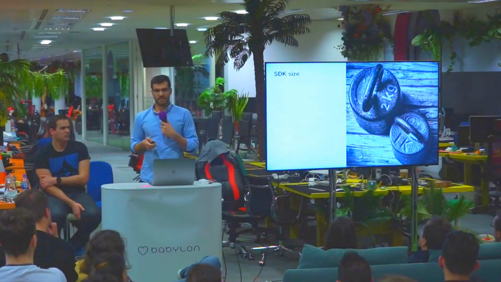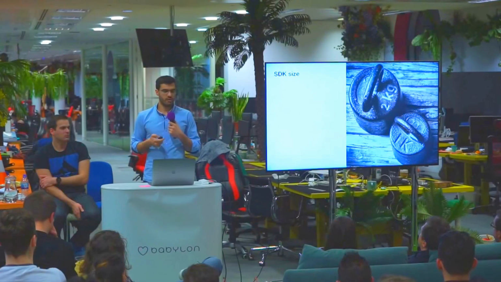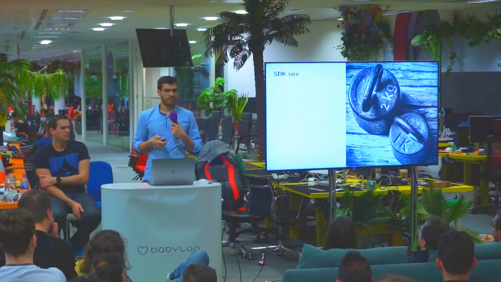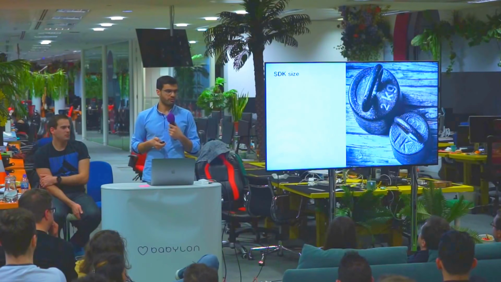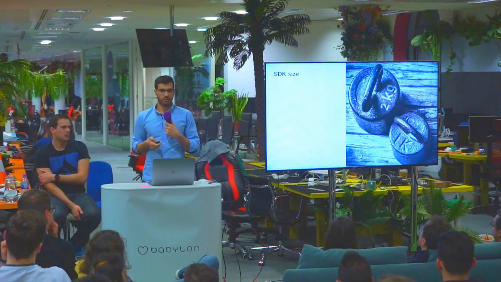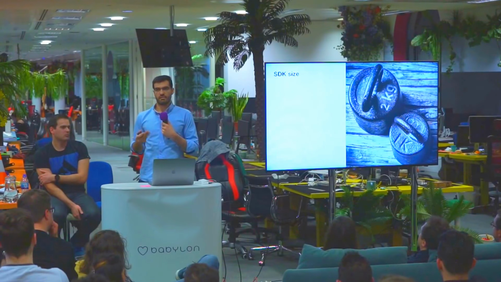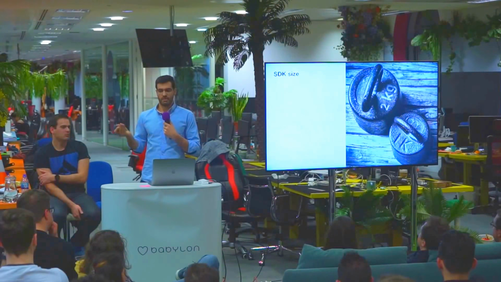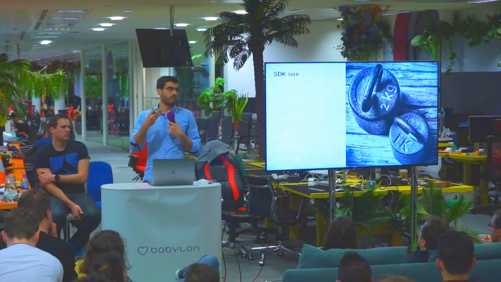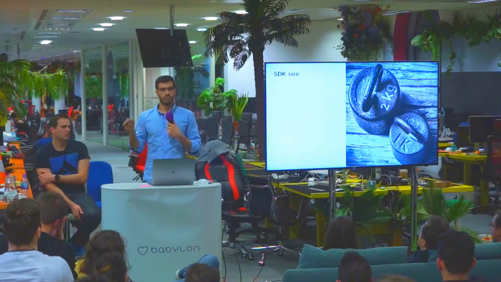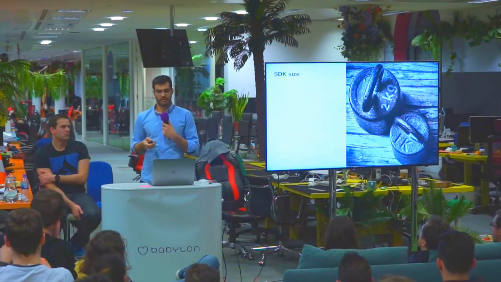On the SDK size, right from the get-go, we want to make sure that the size of the SDK and the dependencies that we use are as few as possible, and you should do that when creating an SDK or a library, because you are essentially forcing all these dependencies onto the consumers of these SDKs.